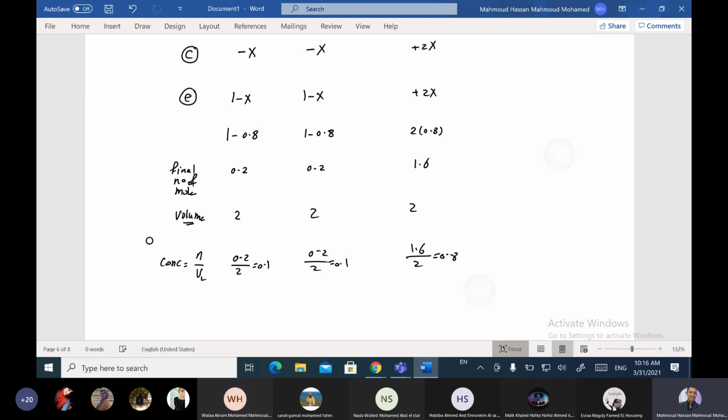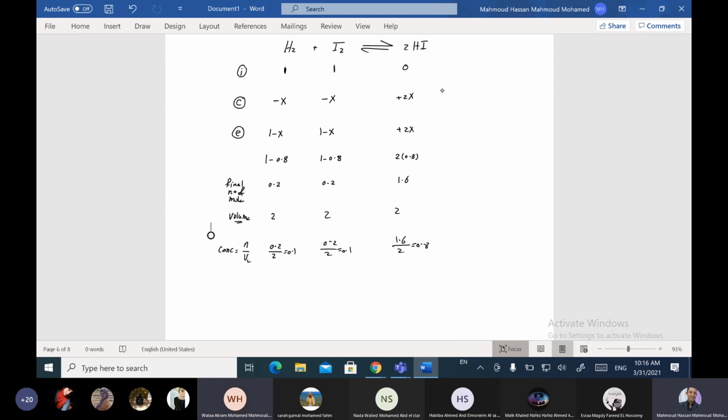Now we can calculate the value of the Kc. Kc equals the concentration of the product HI raised to power 2 divided by the concentrations of the hydrogen and the iodine.